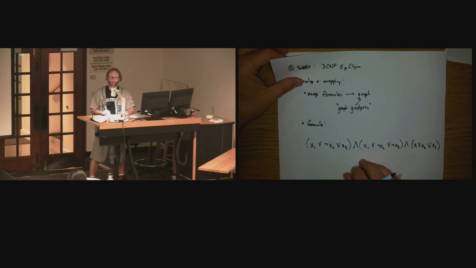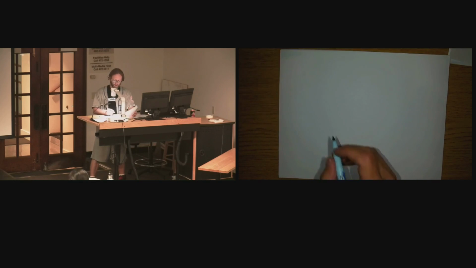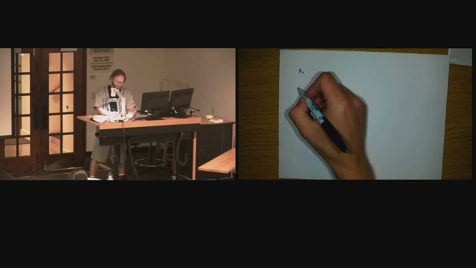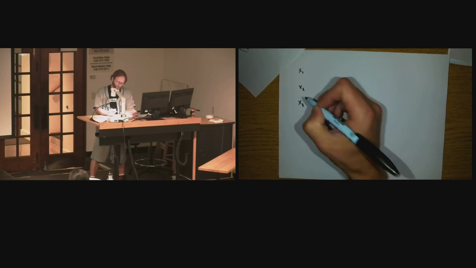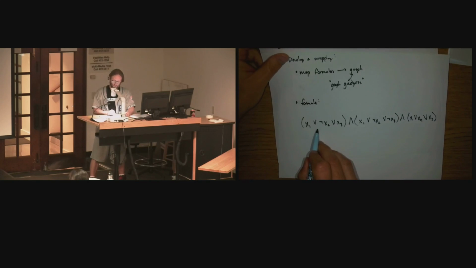Nobody's been raising their hand when I've asked if you've had 230 or 231 yet. Okay. X1, what do I want? X2 and X3. Those are going to be inputs to a circuit. Let's take care of this first clause here.